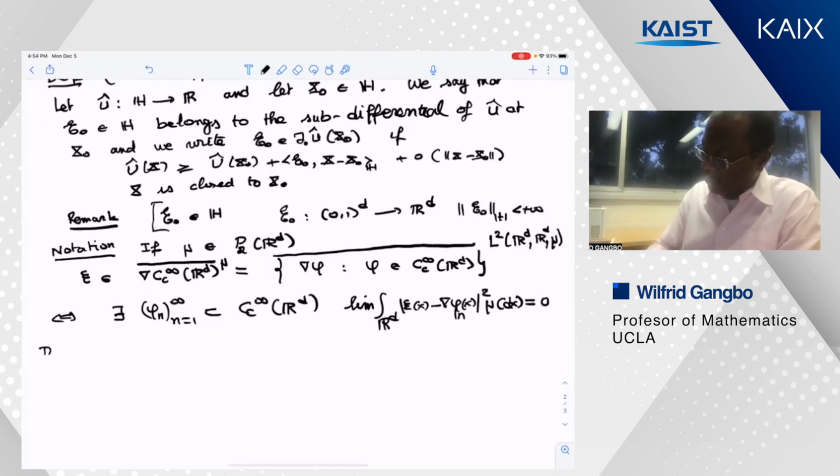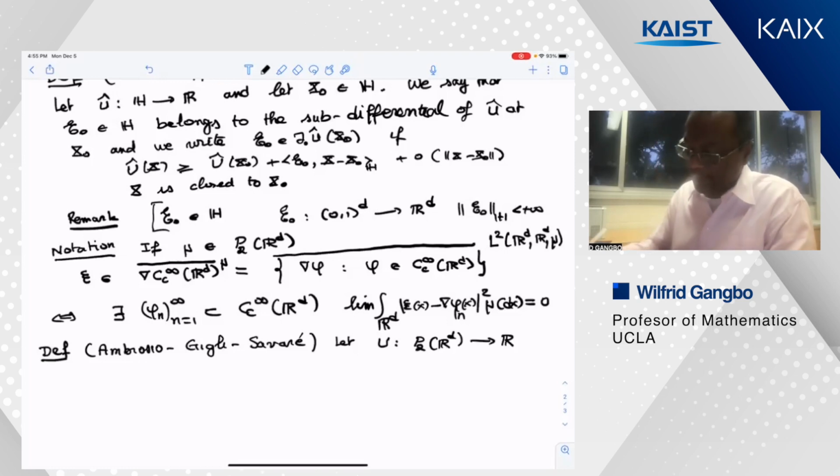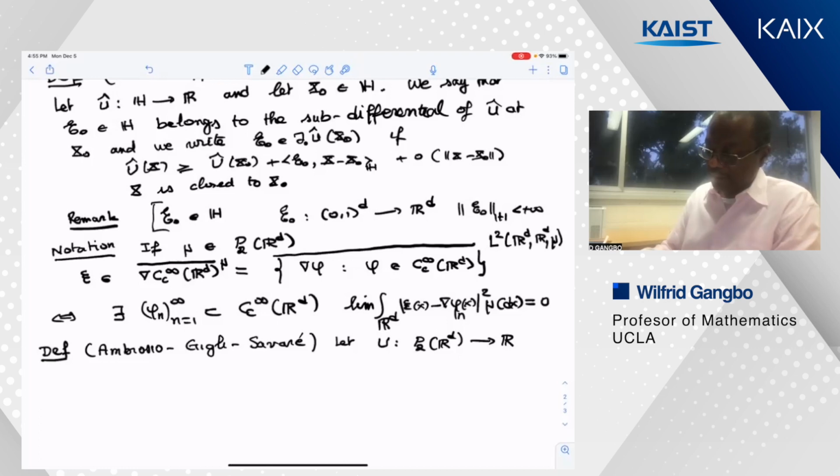So here is the definition due to Ambrosio, Gigli, and Savaré. Let U be a function defined on the set of probability measures and taking finite values, and let mu naught be a probability measure on R^d.